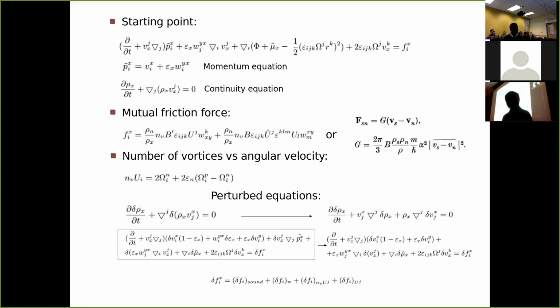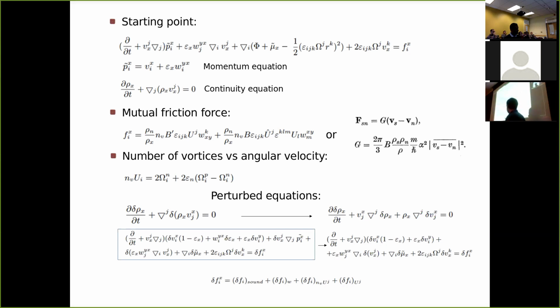And next we perturb the equations. This one is the continuity equation and its perturbed form. And here's the perturbed equation of motion. So it's pretty huge. And here we neglect only the perturbation of the gravitational potential. As for the perturbation of the right-hand side, it's very huge, but it can be divided, say, into 4 different terms that have different physical meaning.